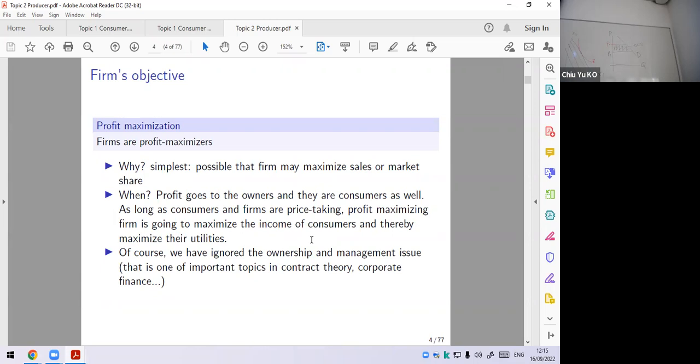If the firm is simply a price-taking profit maximizer, then things are done. But the classical thing we do is study how consumers behave and how firms behave, and we end up with equilibrium, determining the demand, supply, and the price, right?